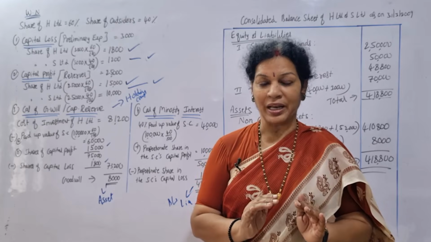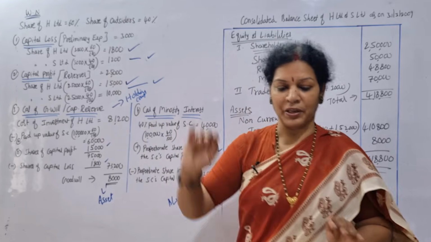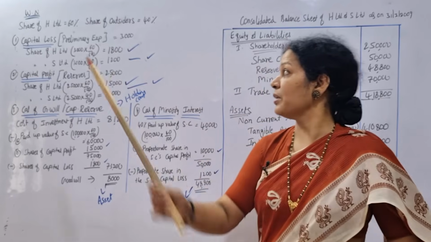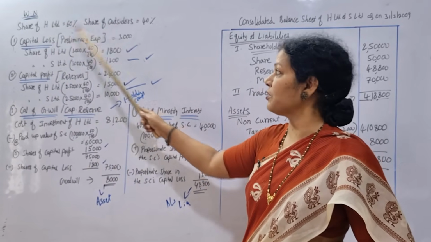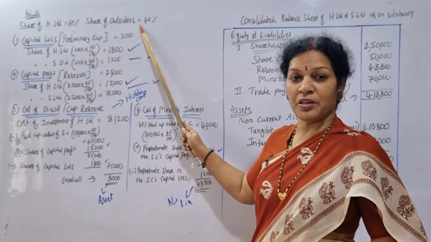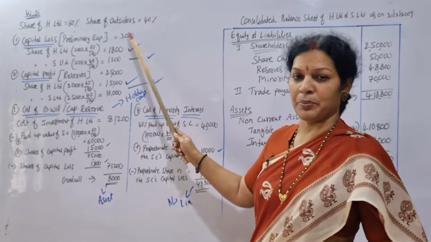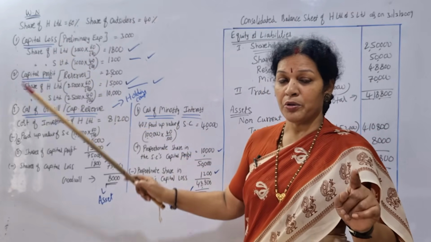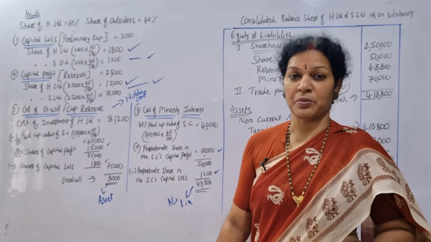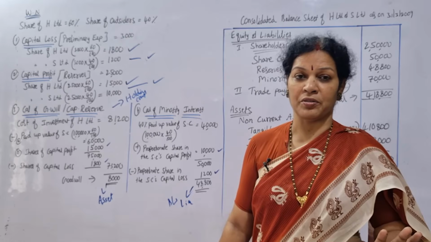So you have to calculate everything in this fashion. What we have done, first we have written the share of H Limited. Holding company share is 60%, and outsiders means minority interest, that is 40%. First we have calculated capital loss. How do you know capital loss? There are preliminary expenses. Preliminary expenses are always capital loss.